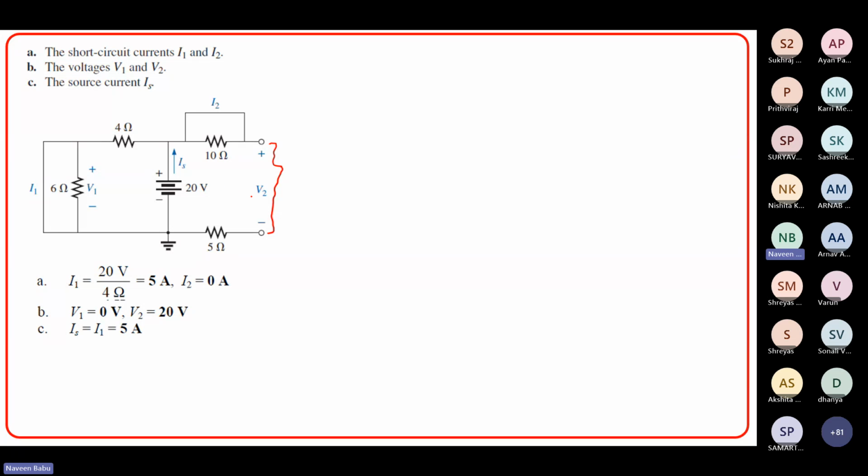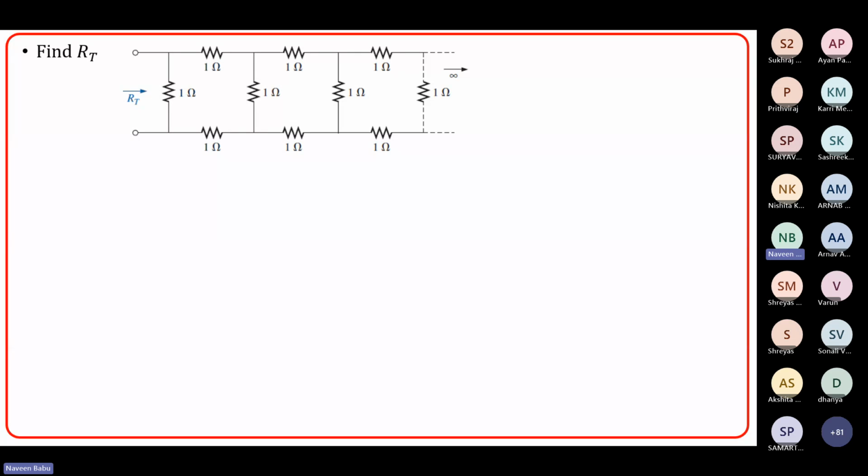But since the terminal is open, you don't have any drop here because the circuit is not closed. So there is no drop across 10 or no drop across 5. The drop across this will be 0 volts and the drop across this will be 0 volts. That's why I said V2 will be the same as this 20 volts only. Okay, all right, understood.